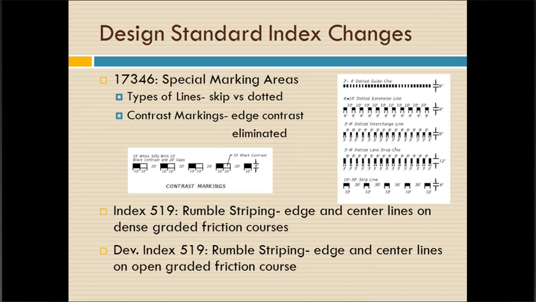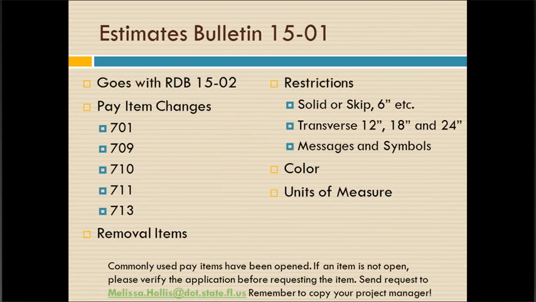So we're going to go with that stop set that's in developmental 519. We're going to review projects to see literally what depths we get out there, and we may modify it in the future to be either slightly deeper or slightly less in depth. So that's why there are 2 different indexes for rumble striping.